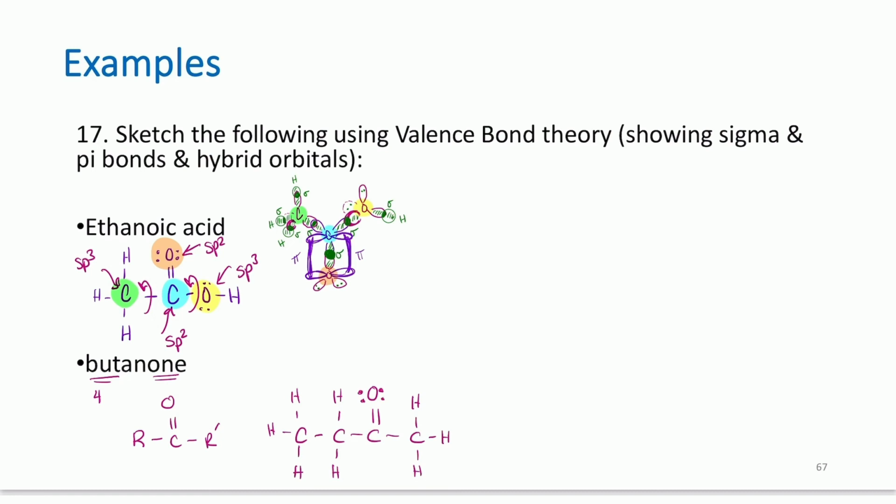You don't have to write them, but it does help to see them when you draw out your VSEPR structure, or your valence bond theory structure. Okay. sp3 carbon, sp3 carbon, sp2 carbon, sp3, sp2. So, sp3 is tetrahedral in shape.